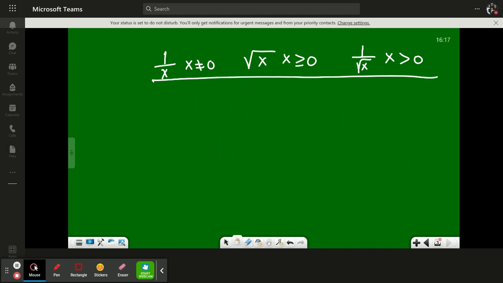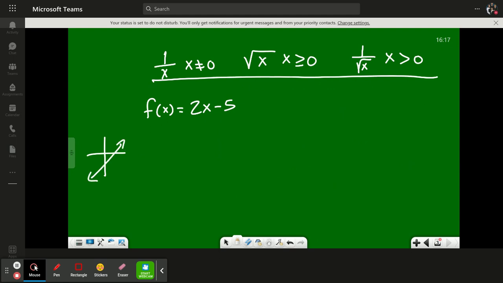Okay? What is going to be the domain for f of x is equal to 2x minus 5? What is that going to look like on the graph? Just that line going to infinity, right?